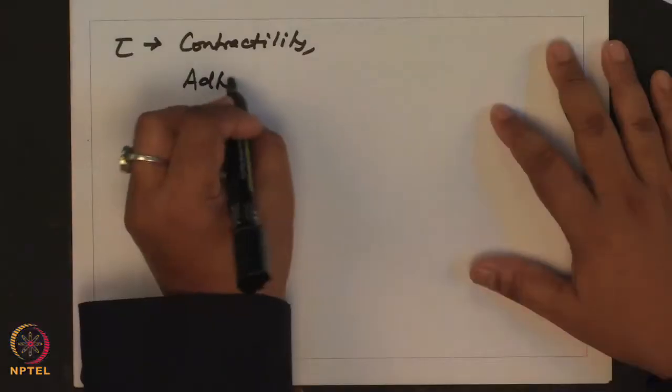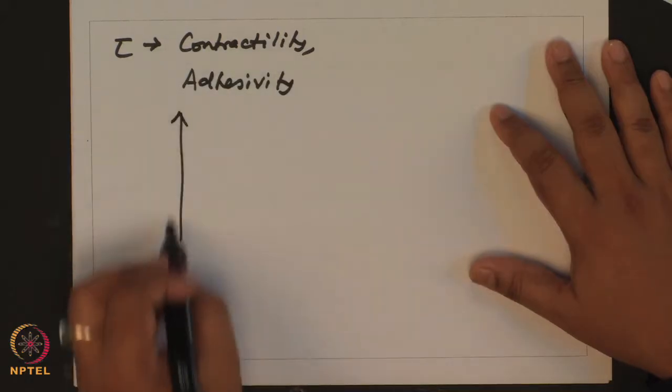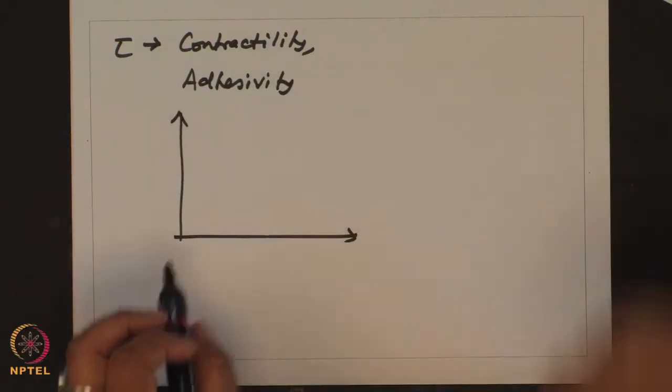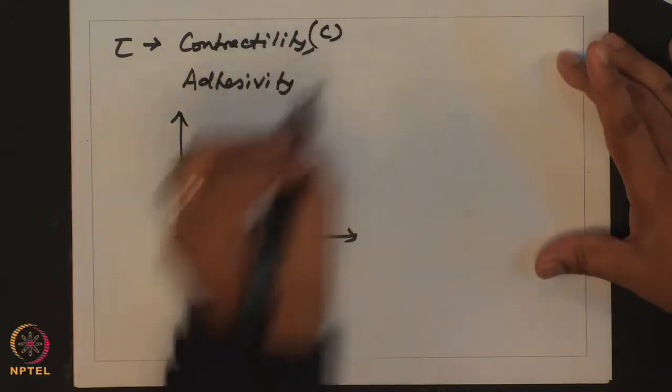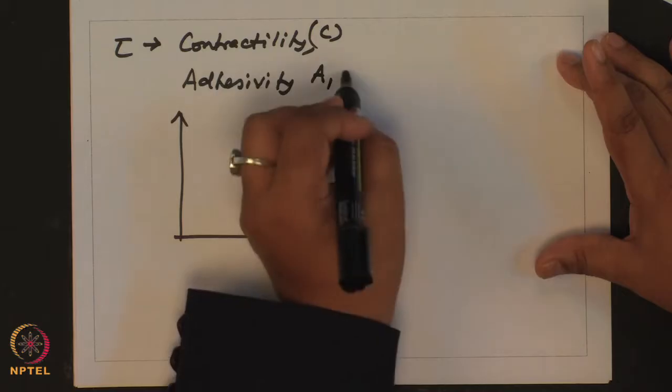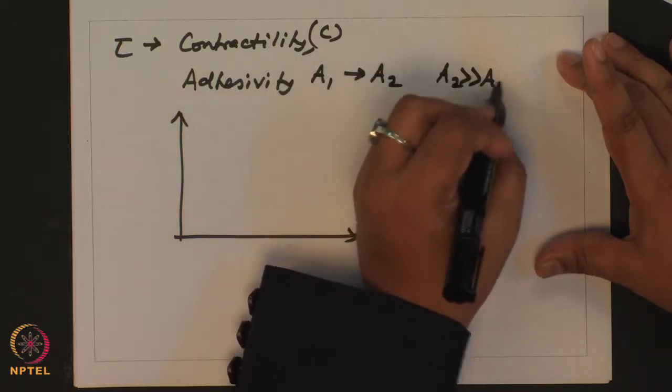The other caveat is that tau is not only dictated by contractility, it is also dictated by adhesivity. In other words, imagine I have two conditions in which contractility C is constant, but adhesivity changes from A1 to A2, where A2 is significantly greater than A1.